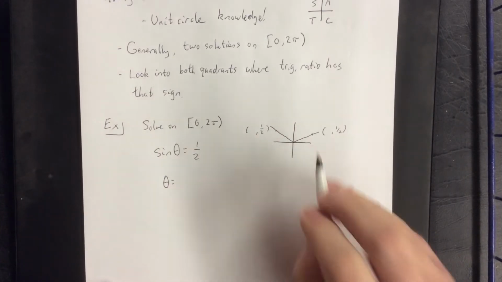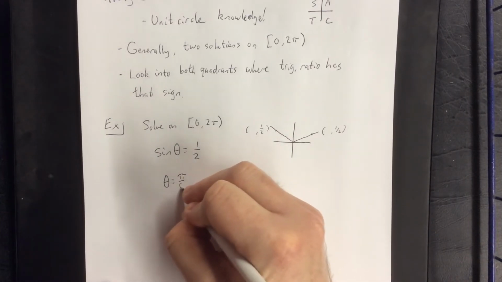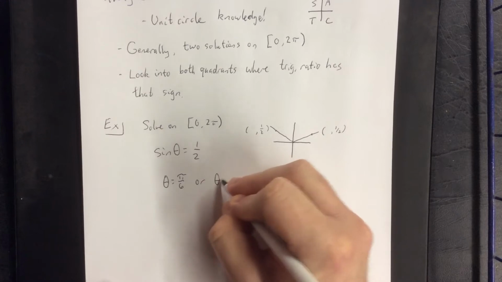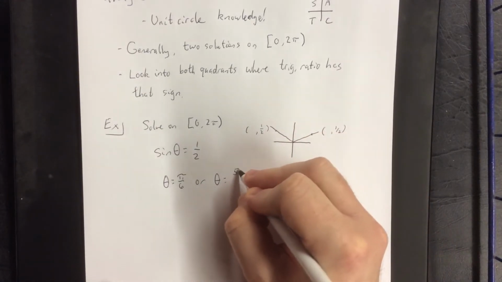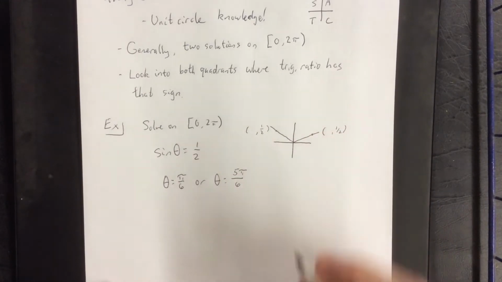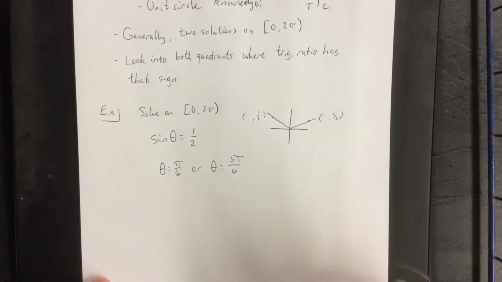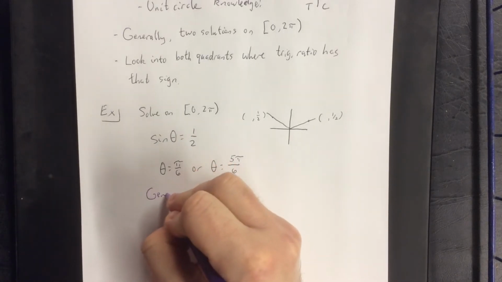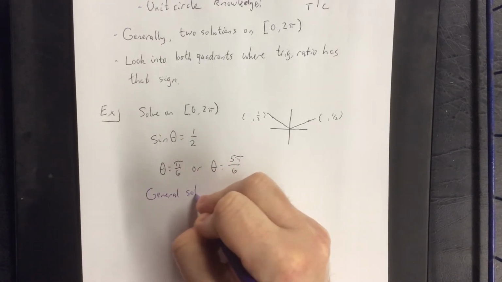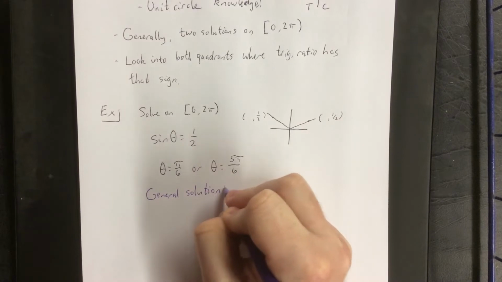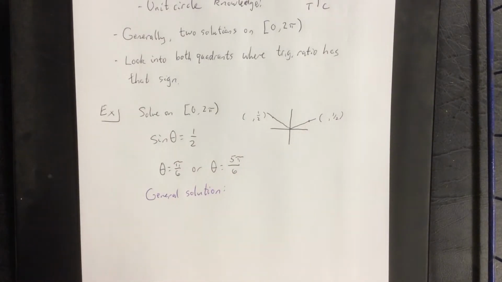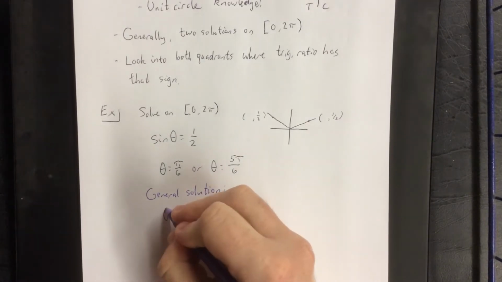The quadrant 1 angle where this occurs is pi over 6, and the quadrant 2 angle where this occurs is 5 pi over 6. Now these would be considered the solution on 0 to 2 pi. For the record, if we were interested in a general solution, we'd be talking about these two angles and anything coterminal to these two angles.